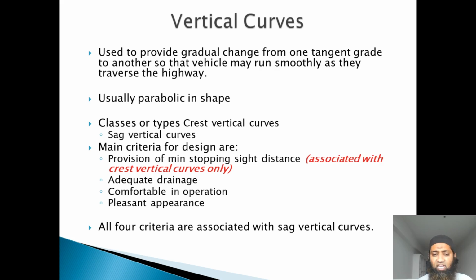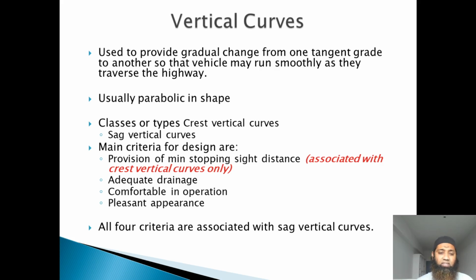The main criteria for design are, first, provision of minimum stopping sight distance. This is very important. The driver should be able to see the other vehicle which is maneuvering, or the vehicle coming from the opposite side. That sight distance should be very clear. Second, adequate drainage should also be there. If drainage is not provided, you can just imagine, you are providing a vertical curve with a valley type of curve, and if you don't provide a good drainage system, there are chances of water logging in that valley.